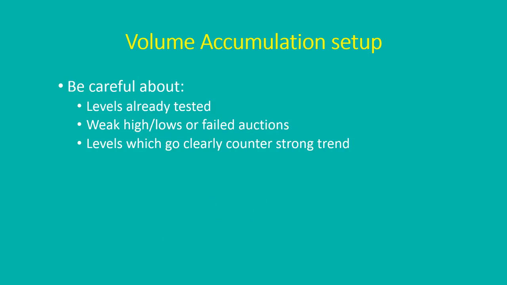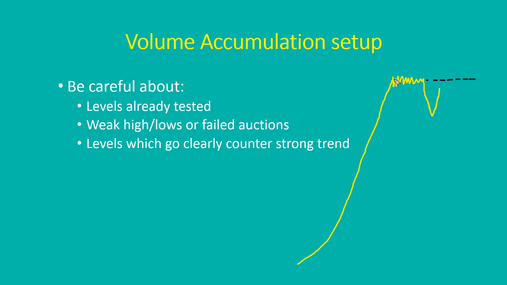The last thing to be careful about is the levels which go clearly counter to a strong trend. Meaning, if there is a strong uptrend, then there is some rotation and some selling activity. Not strong, but only moderate selling activity, a moderate downtrend. And then the price quickly reverses, and let's say this is the level.